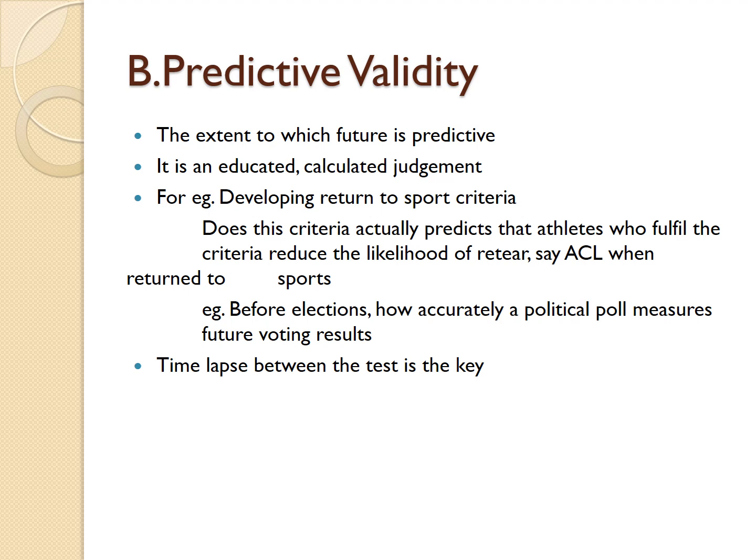Another example, from the previous example that we did, arthroscopy versus special test. If the tests are further apart than they should be, it can lead to an inaccuracy in predictive validity.